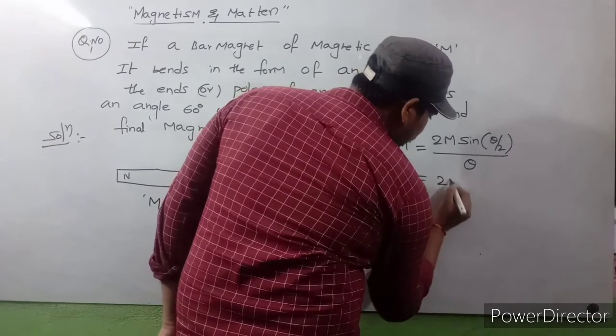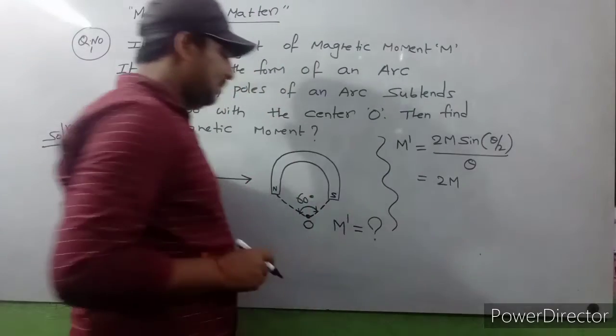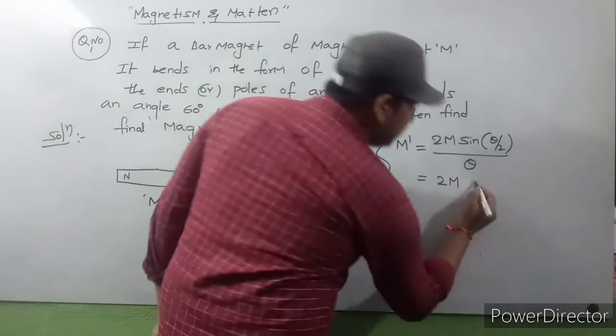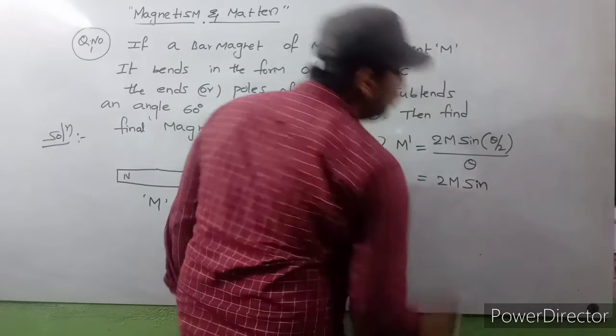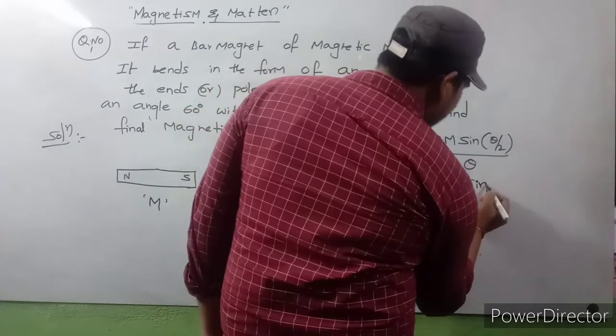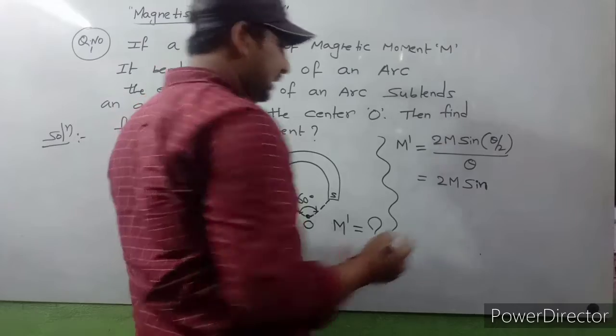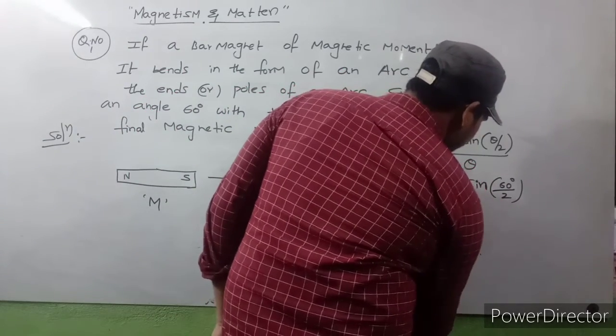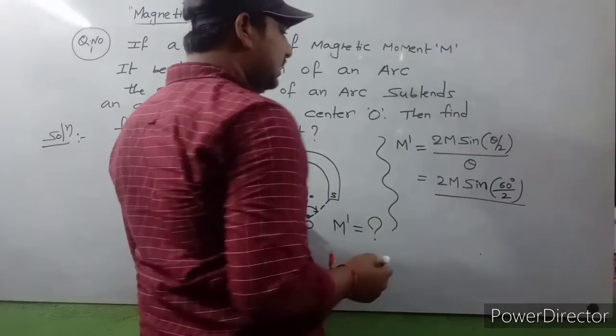So that means 2 into m, where m is the initial magnetic moment, into sine theta by 2, divided by theta. Here theta is nothing but 60 degrees.